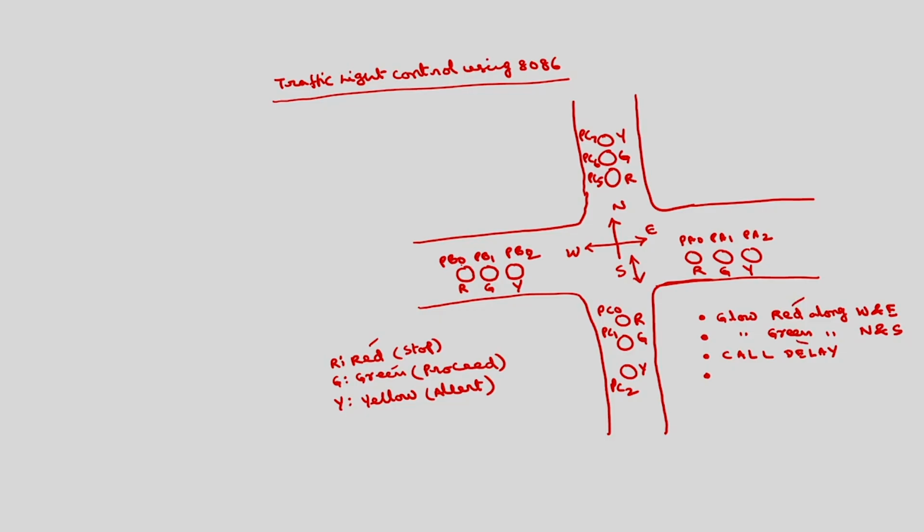Before that, I will place yellow along all 4 directions, west, east, north and south, so that people will be alerted. The people moving from north to south and south to north will be alerted that they are going to be stopped, and the people who want to move from west to east or east to west will be alerted to proceed. Okay. Again you call a delay.